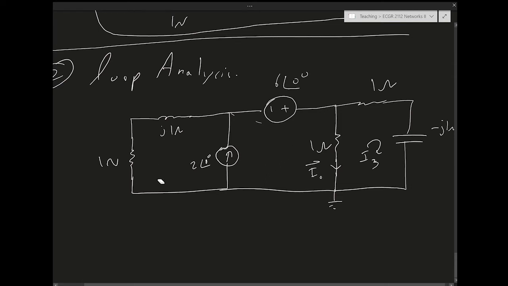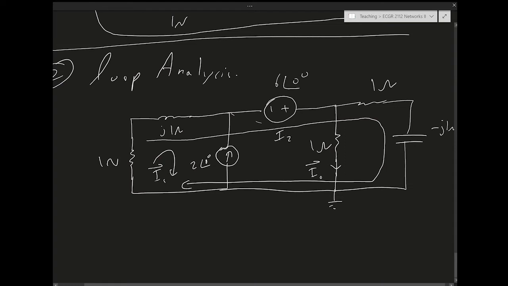So we keep this one, I1, but then we select the bigger loop, what's called the super loop or the super mesh, which is this one. So this is I2, and then I3 is this mesh, this loop. You can call it mesh or loop, it's fine.